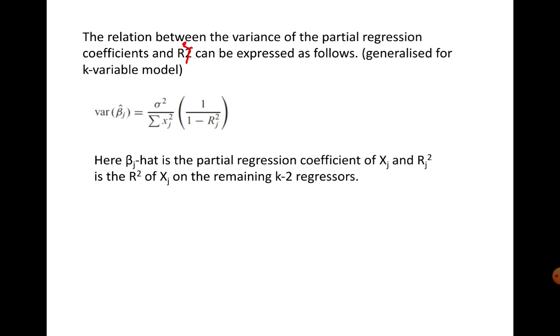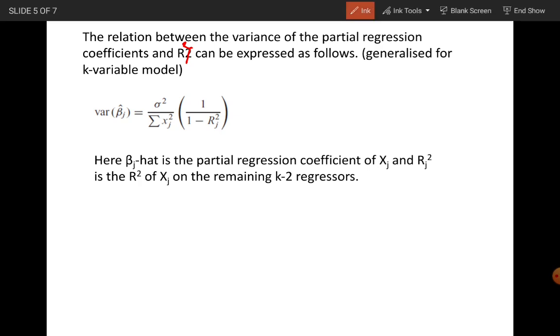Remember, we do not need to use this derivation, but this formula is important. We will be using it later on when we are discussing multicollinearity and so on. So just have a look.